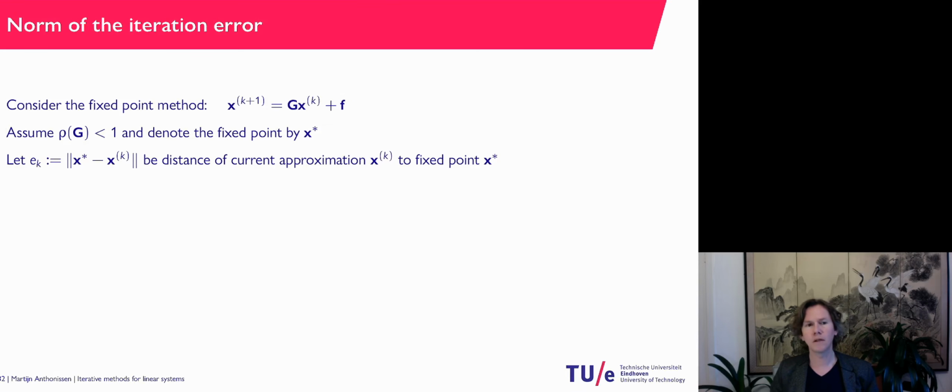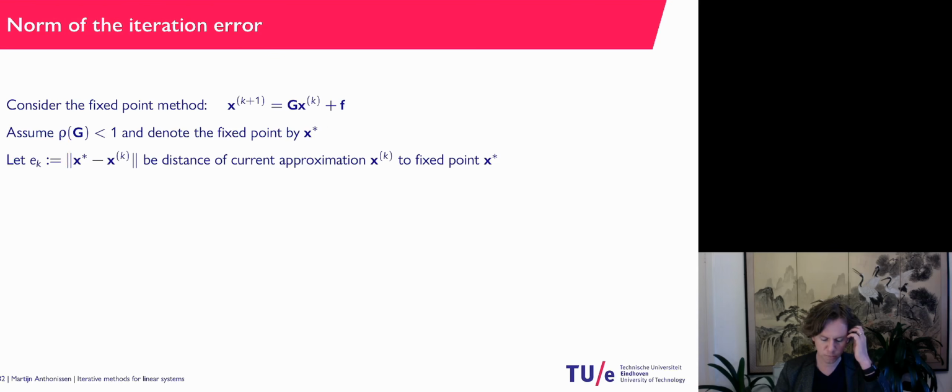Now, a little bit more on the norm of the iteration matrix. I'm going to assume that the spectral radius is less than 1, because then we have convergence. We denote the fixed point by x star, and the norm of the difference of x star and xk, so that's ek from the previous slide, I call the number ek.